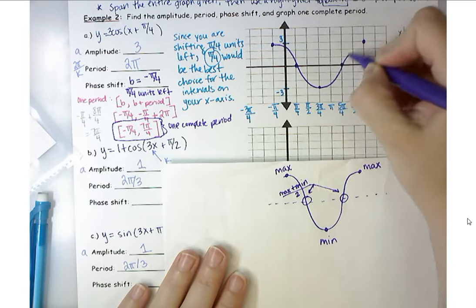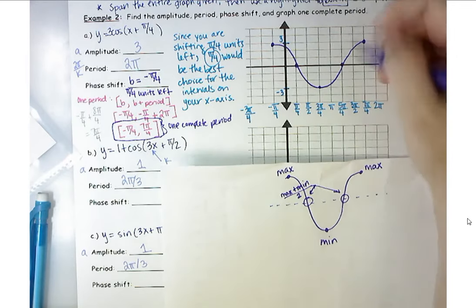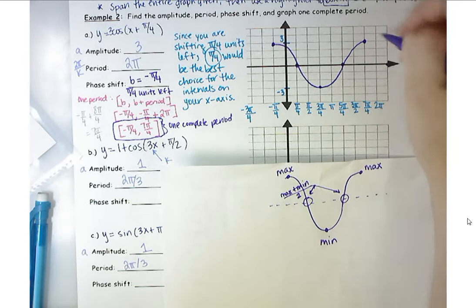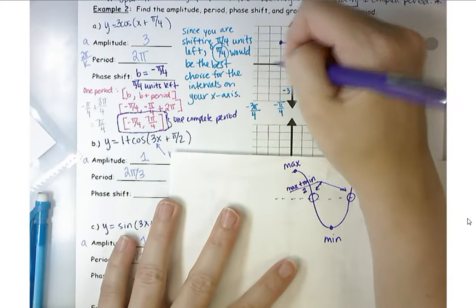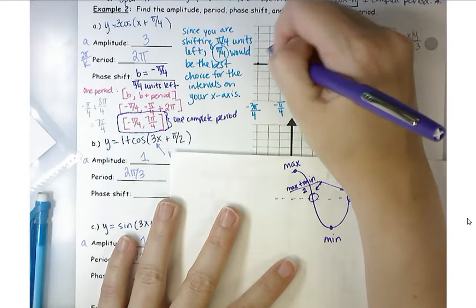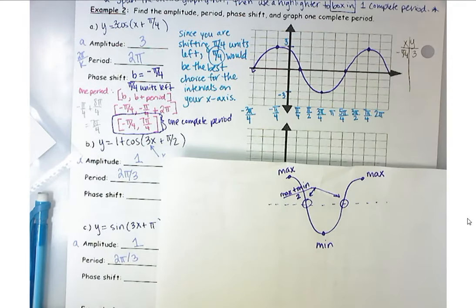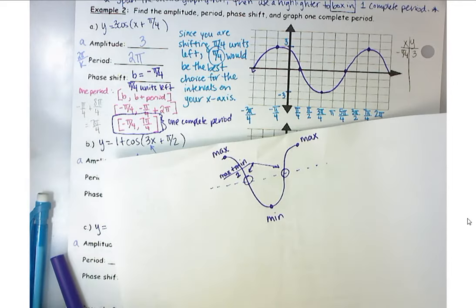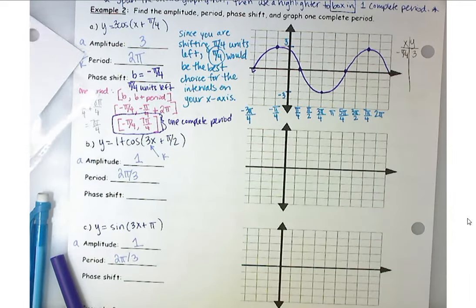So see how I just kind of curve each one up? So I just do it one little leg at a time. Okay, and then if I go 2 more units, I'm going to be hitting this value. And then if I go 2 more, I'm going to be hitting this value. Okay, and then you're going to take your highlighter or your pen, and you're going to box in one complete period, which we already found.